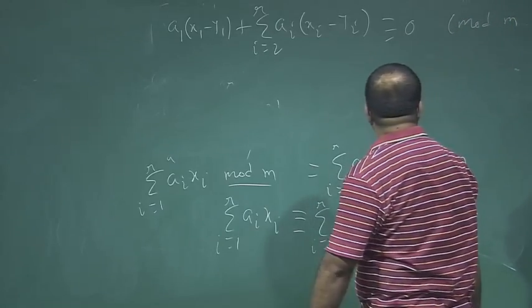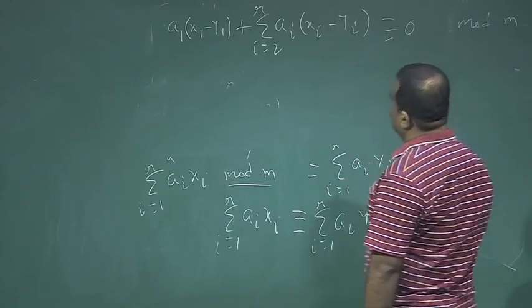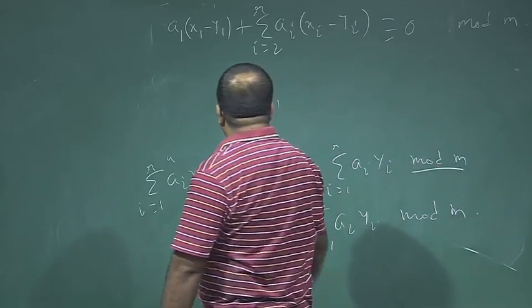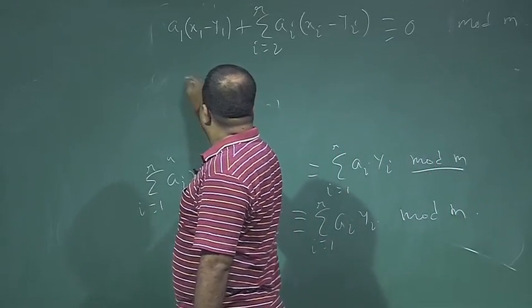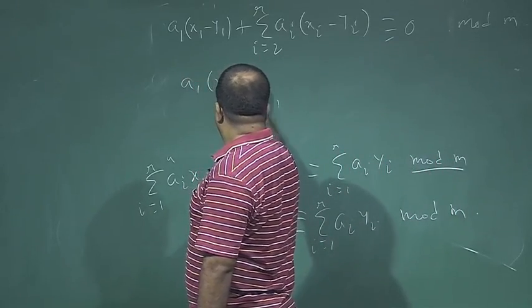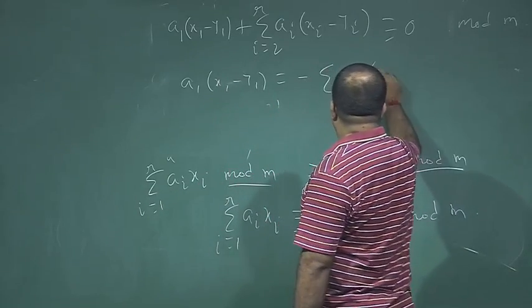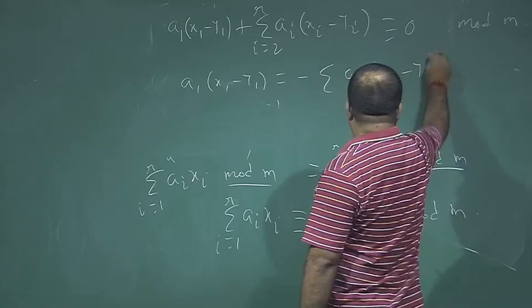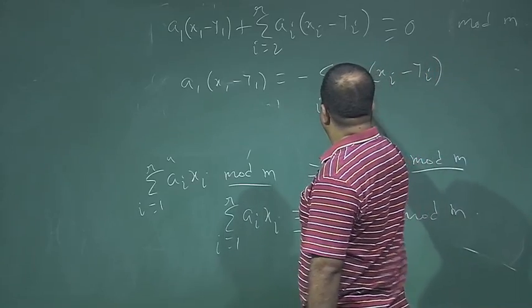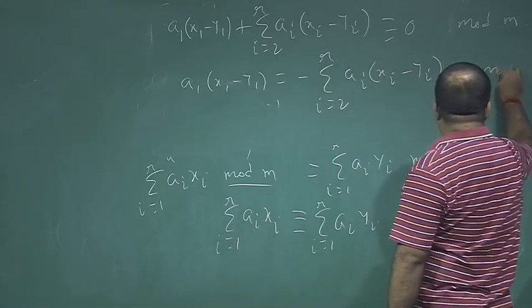Now we take this to the other side. So a1 (x1 minus y1) is congruent to minus the summation of ai (xi minus yi), i equal to 2 to r, mod m.